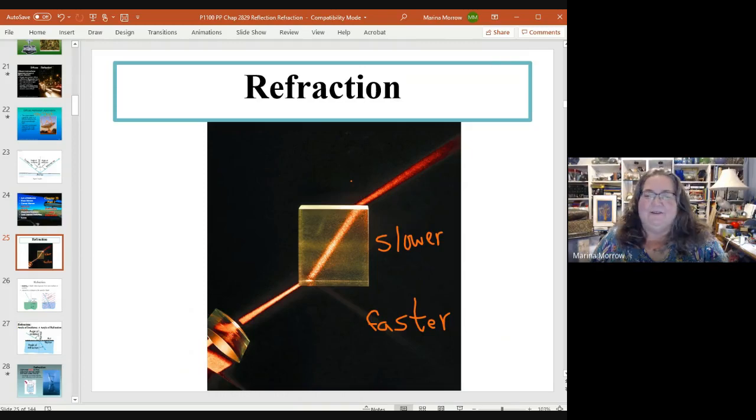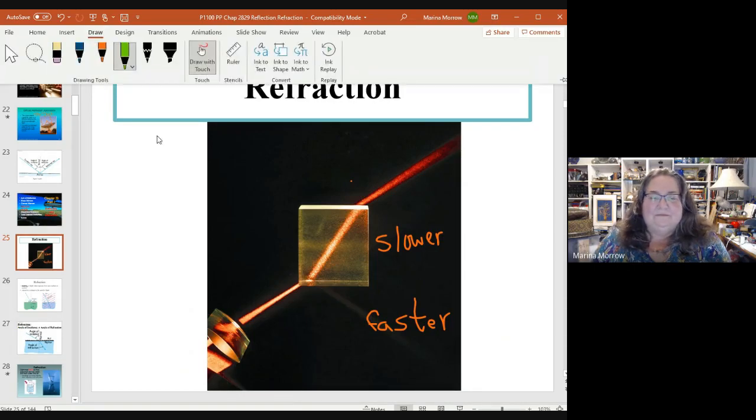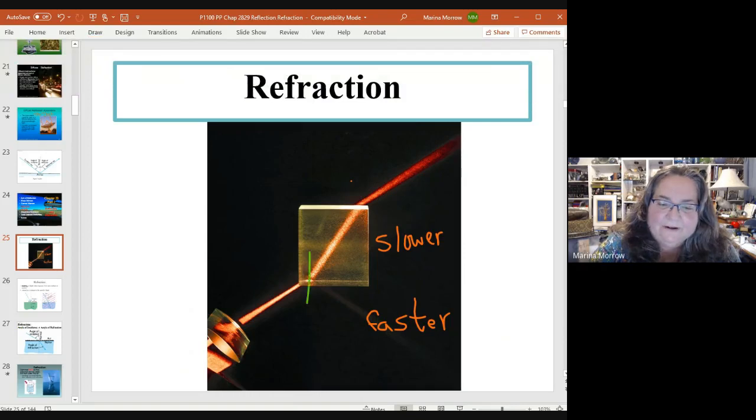Okay, so what else is true? So let's look at the angle. So we're going to draw a normal surface. Okay, so we're going to draw a line that's normal to the surface here. And we're going to look at the angles. So this angle looks like it's about 45 degrees.